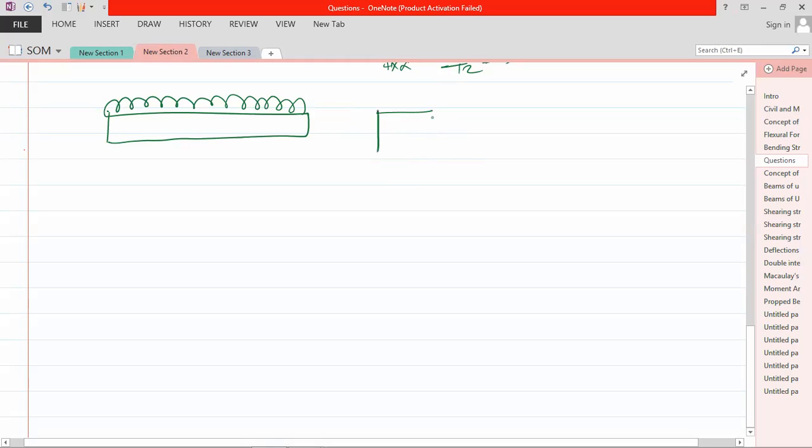It is 60 mm and 150 mm. The loads are the same, roller support, pin support, and it is 4.5 kilonewton per meter. Given that this is 4 meter.